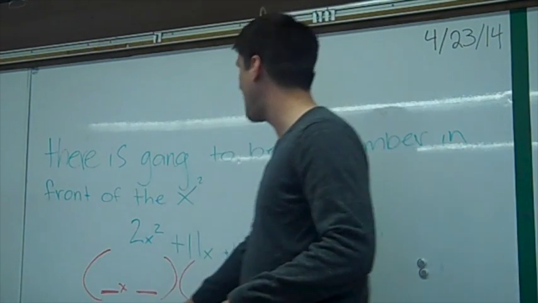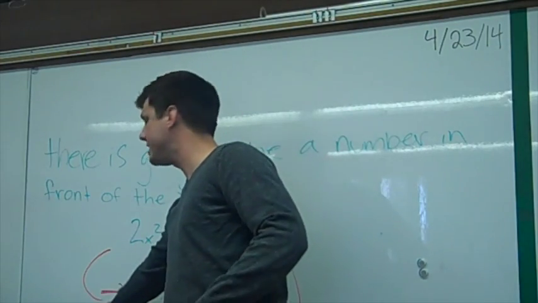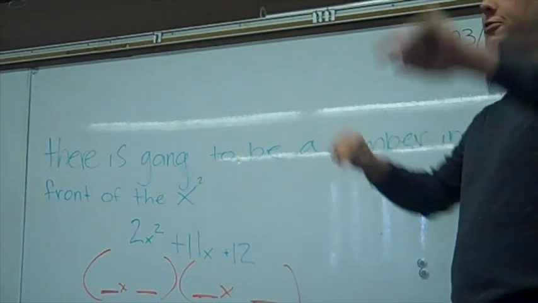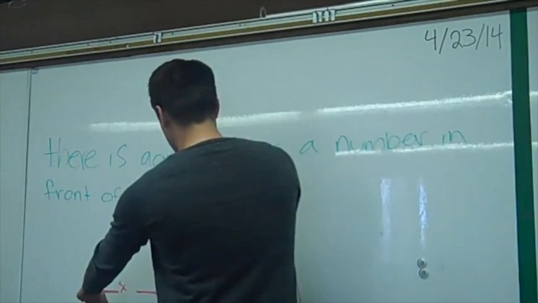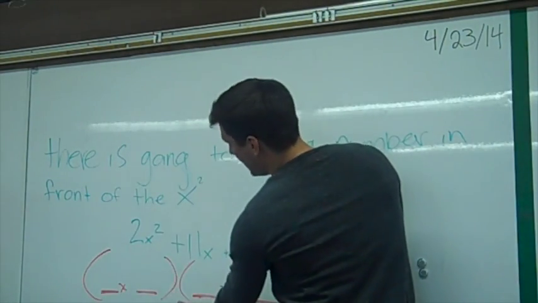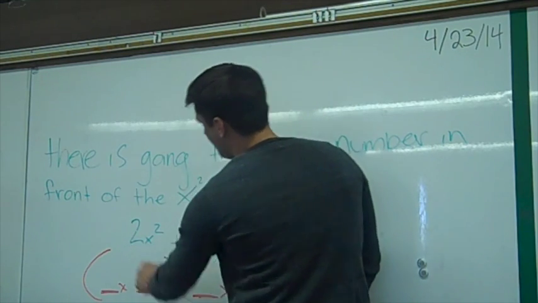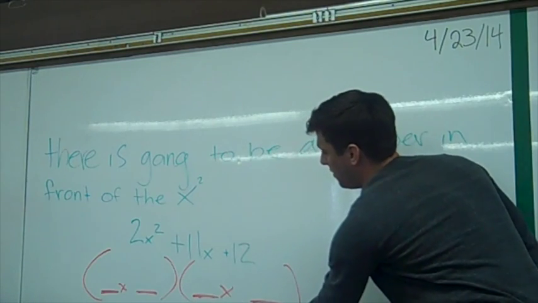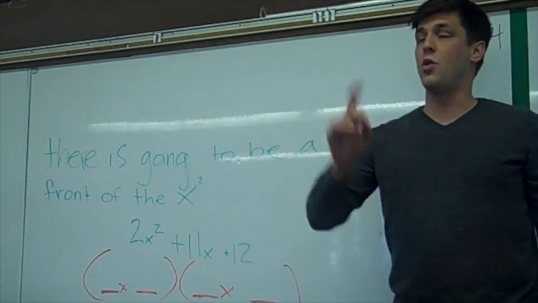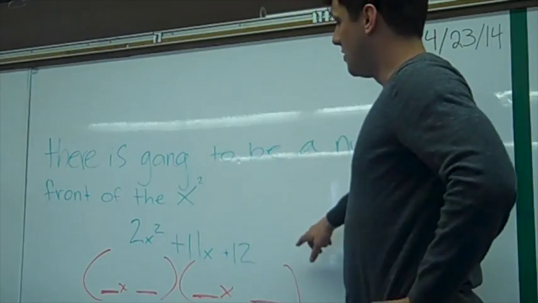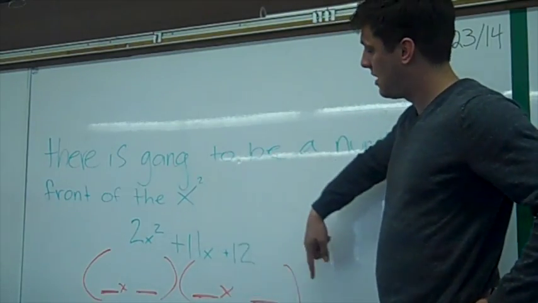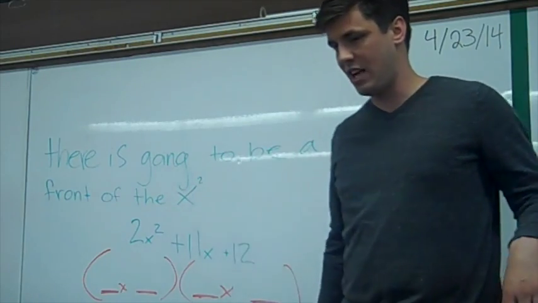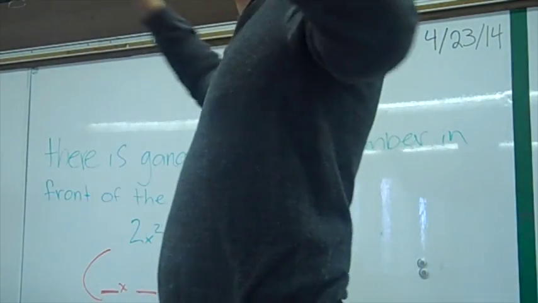The two numbers that multiply to 2 are going to go in this space and in this space. If you draw the eyebrows in your FOIL, this multiplies with this to get this, and this one multiplies with this one to get this one. But you don't know your middle term yet. The way to know if this is correct is to FOIL it to see if you get a middle term of 11x.